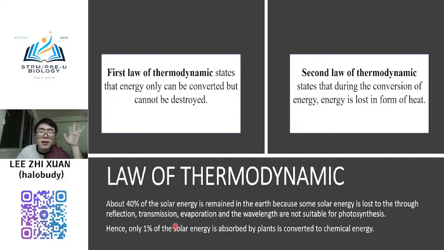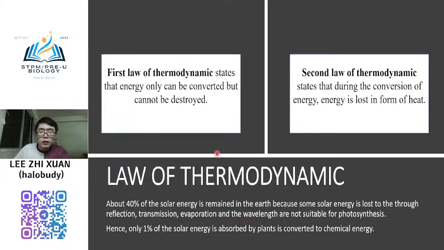Meaning that of 100 billion kilojoule, the plant will only absorb 1% of 100 billion, which is what? 100 billion punya 1% I think is 1,000, right? 10,000. You can kira yourself. Meaning that the solar energy uptake is very little, because all of the energy is actually already lost. So this is a very important point that you want to learn.